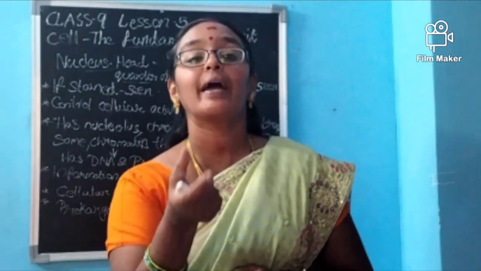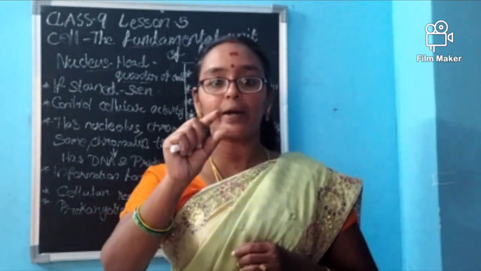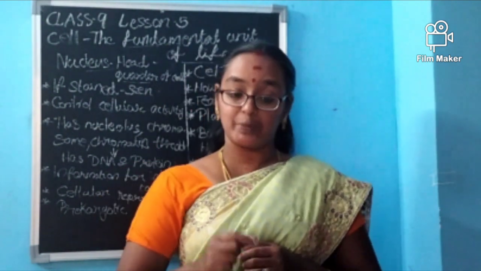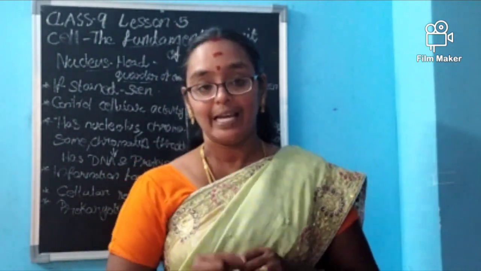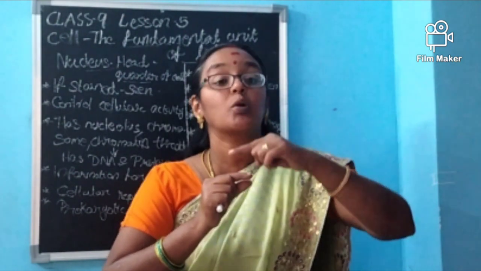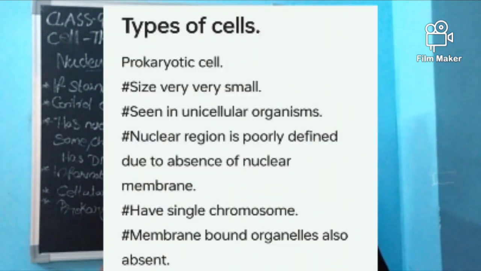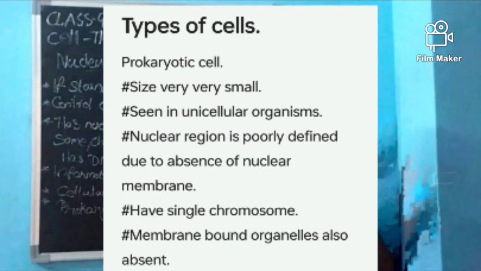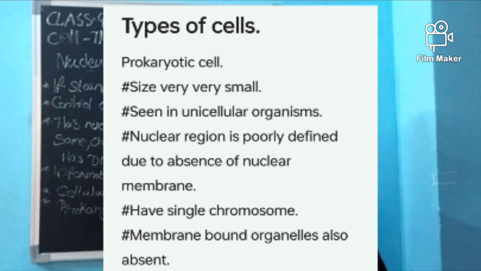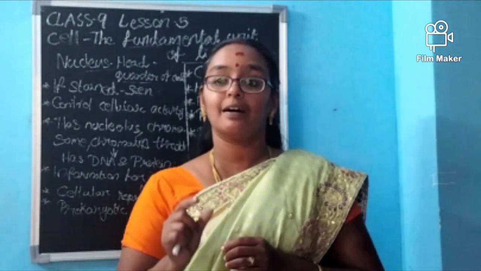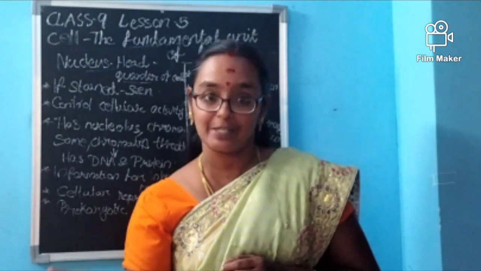In the case of the eukaryotic cell, the nucleus is well defined, which means we can see the nucleus clearly, and a nuclear membrane is there covering it. Then the organelles are also covered with membranes. And moreover, the eukaryotic cell is larger compared to the prokaryotic cell, much larger.